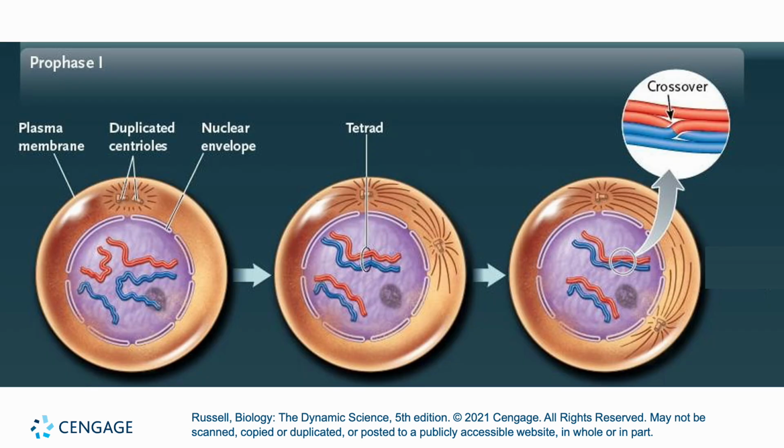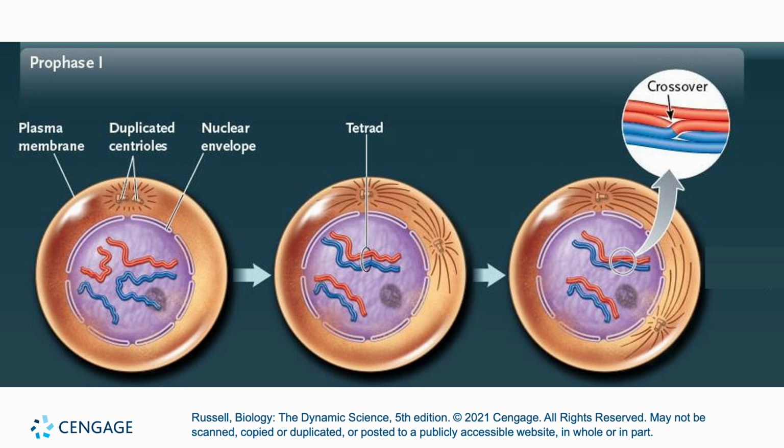So now, let's proceed with the different stages of meiosis. We will first start with the first meiotic division, or what we call meiosis 1. Meiosis 1 has the 4 stages sa cell division, which is the prophase, metaphase, anaphase, and telophase.